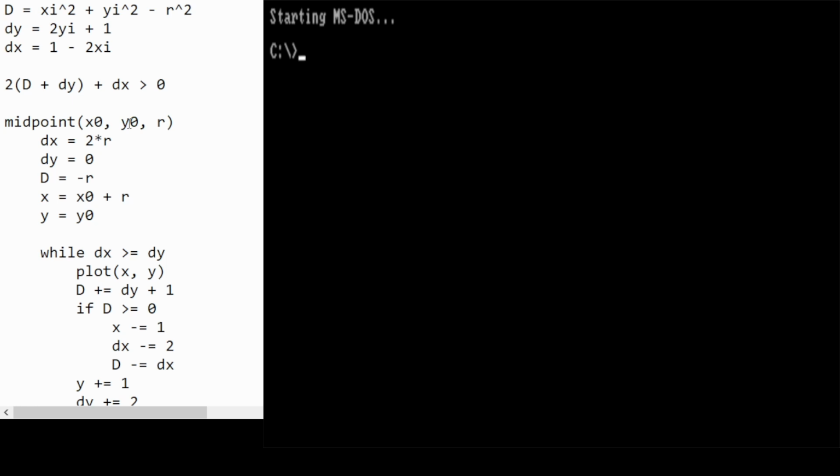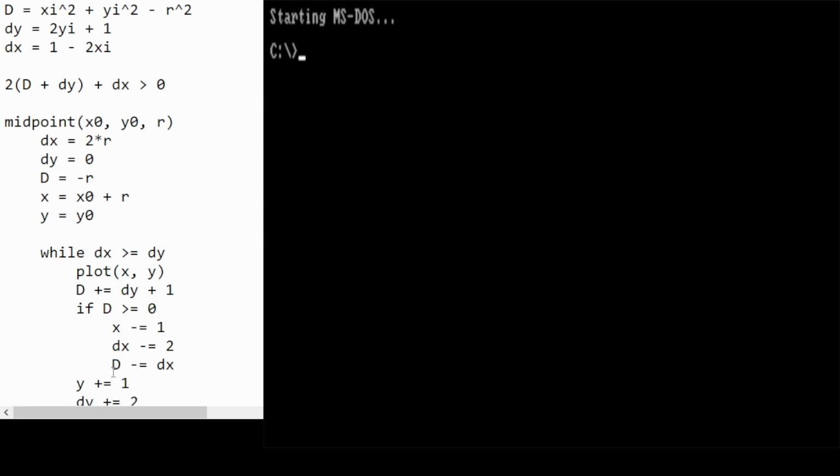It turns out that the way we're actually going to draw this ellipse is we're just going to start at a particular starting point, and this is where we really do need to use the x0 and y0. We need to add those to the values that we had in the derivation, which were just r and naught. And then from that point on, all we're going to do is either move up or move up and to the left. So we're just always going to be doing relative movements from that point.